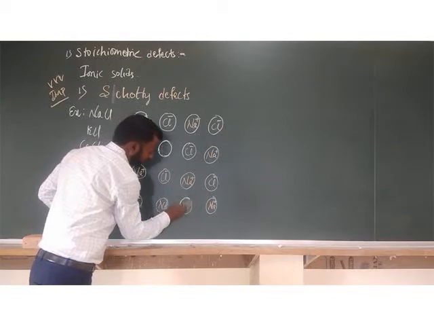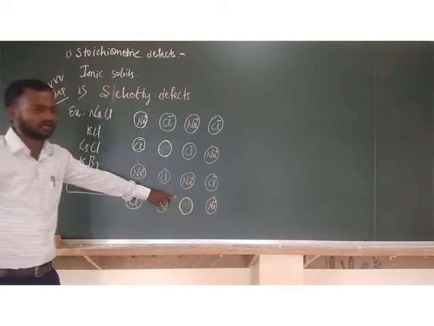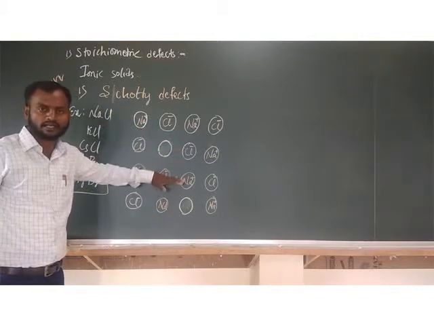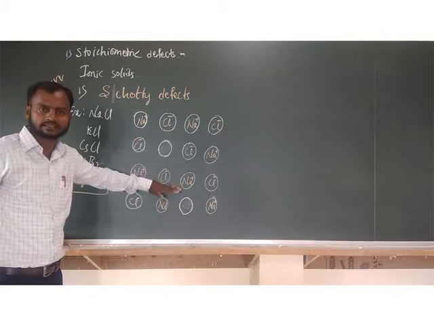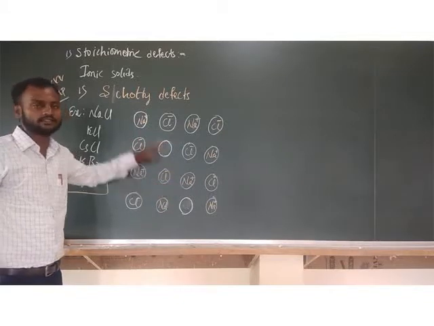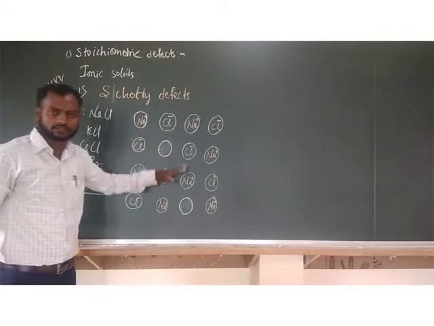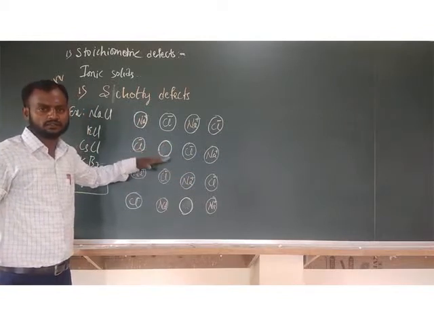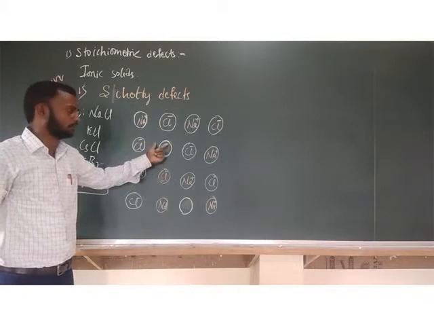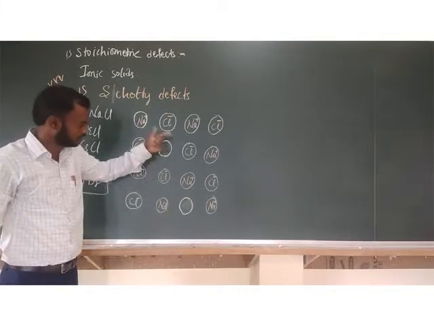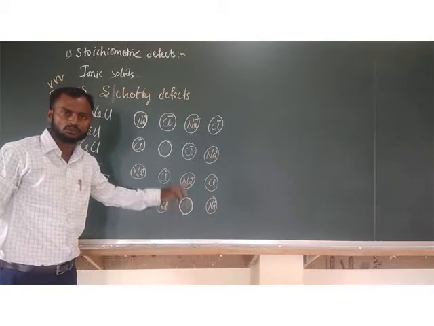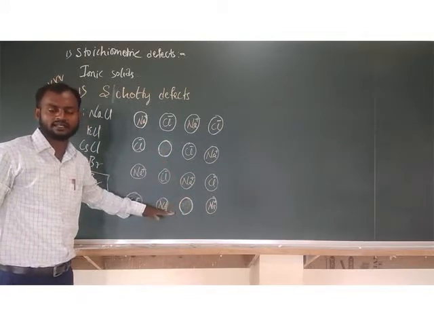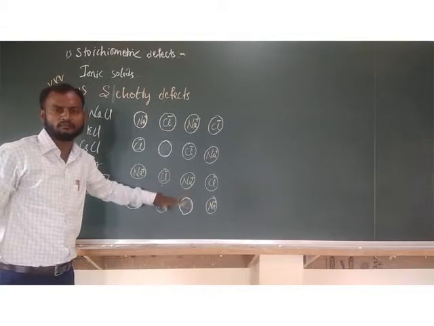An equal number of cations and anions, meaning positive and negative ions, missing from the crystal lattice is called a Schottky defect. Due to both the positive ion and the negative ion missing, electrical neutrality is maintained.